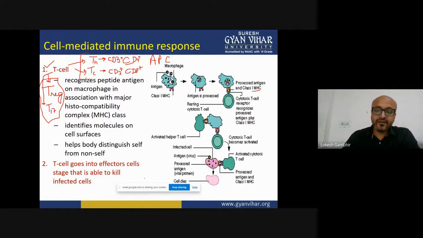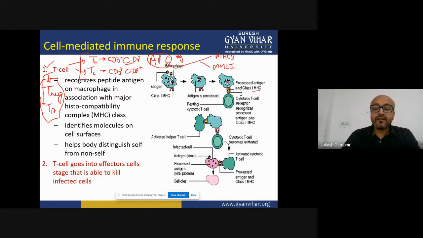Now, another important aspect that you should be able to understand clearly. See, when APCs are processing, APCs are the type of cells which contain both the classes of MHC, MHC2 as well as MHC1, both.